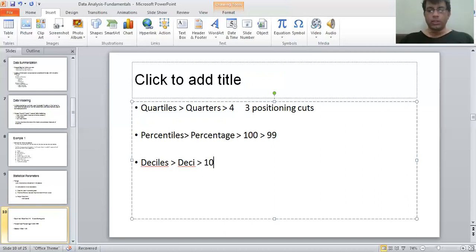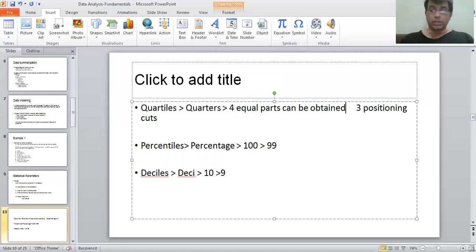And for deciles, this could be done by 9 positioning cuts, right? So 4 parts can be obtained by 3 positioning cuts.